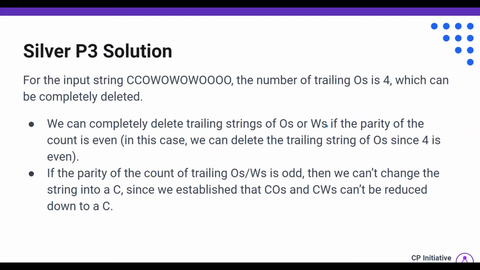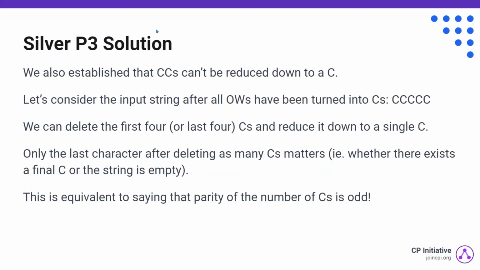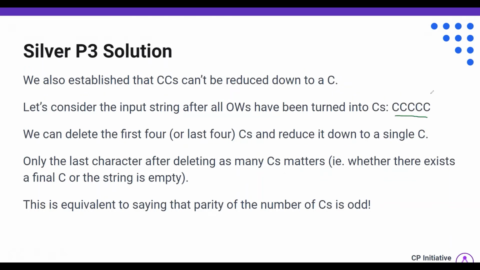So we established that the CC's can't be reduced down to C's, and so this was the final sequence of C's. We can delete the first 4 C's that I showed and reduce it down to a single C. So only the last character after deleting all those C's matters.